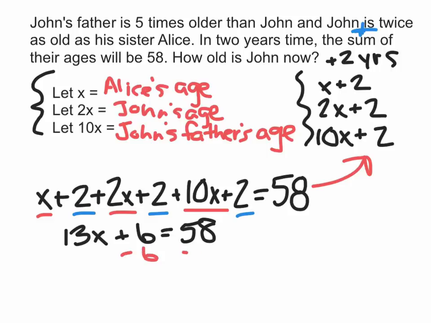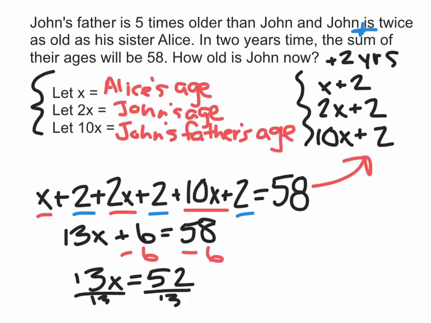Minus 6, minus 6. 13x equals 52. Right? And then we divide by 13. X equals 4.